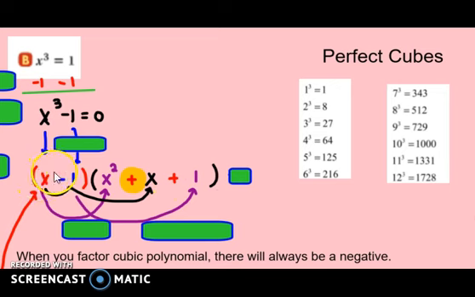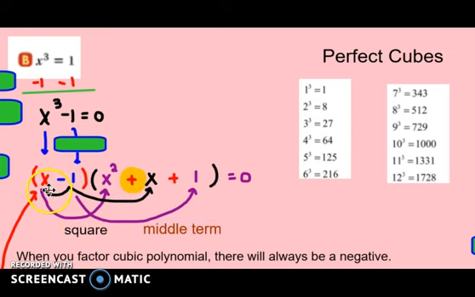So I squared my first and last terms, and I multiplied these two together. When you factor a perfect cube, like this problem, you always get a negative. If my negative is right here, it becomes a positive in the middle. Otherwise, if this is a positive, that's a negative. You have to have one negative. And it equals 0.